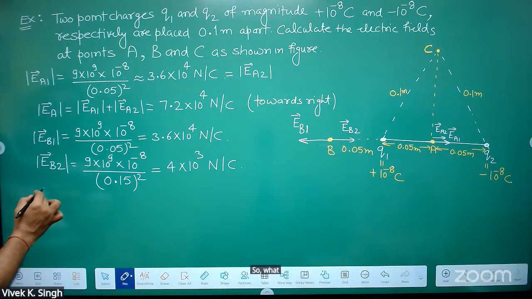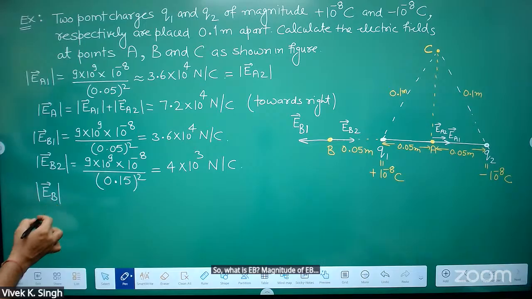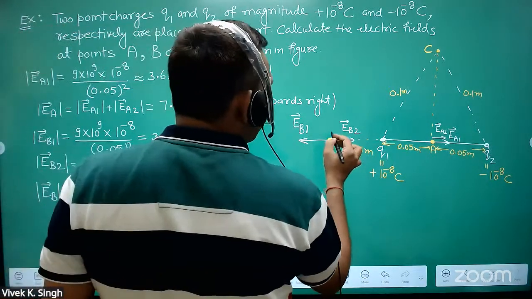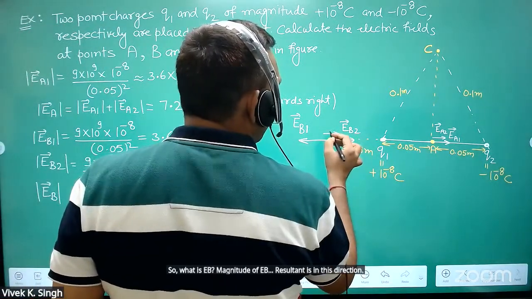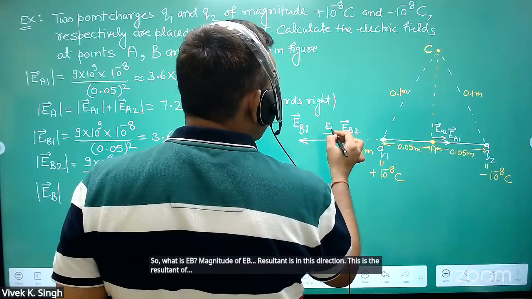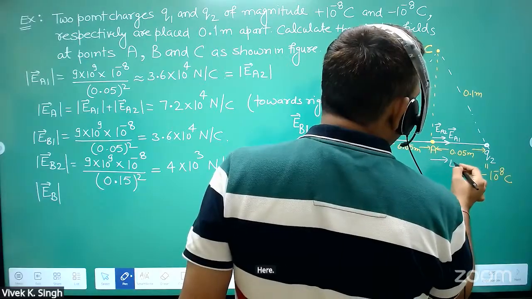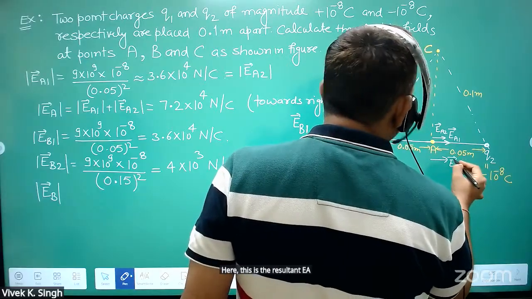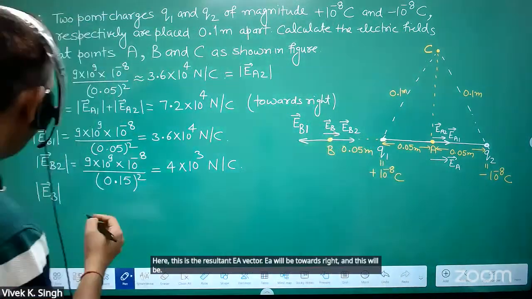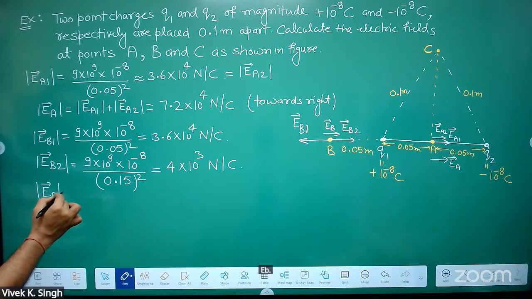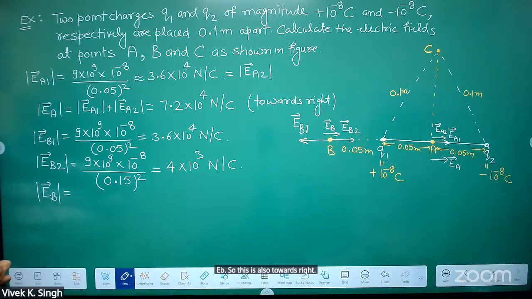So what is the magnitude of EB, the resultant? The resultant is in this direction. Here, this is the resultant EA vector. EA will be towards right and this will be EB. So this is also towards right. Yes or no?